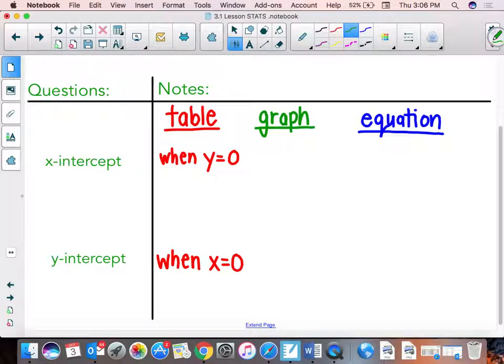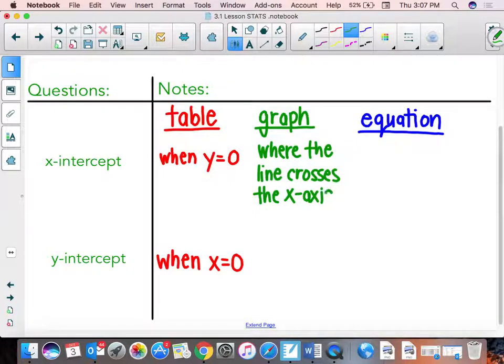In a graph, your x-intercept is where the line crosses the x-axis, and your y-intercept in a graph is where the line crosses or intersects the y-axis.